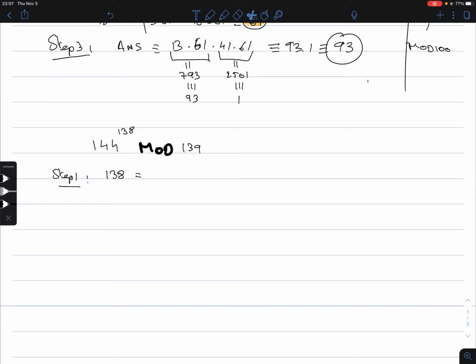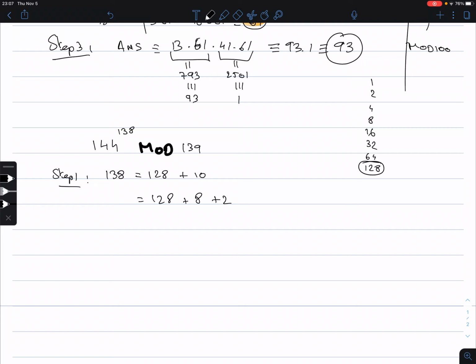So it's 1, 2, 4, 8, 16, 32, 64, 128, and that's big enough, right? The next one will be too big. So this is 128. That's the biggest one that fits in there, and what is left is 10. Now look at 10. What can I fit in 10? Well, not 64, not 32, not 16, 8. So 128 plus 8, and then plus 2.